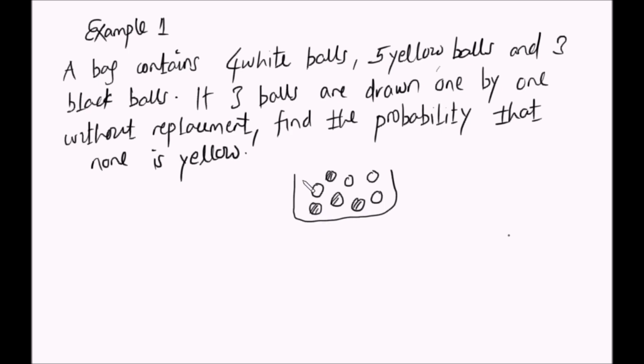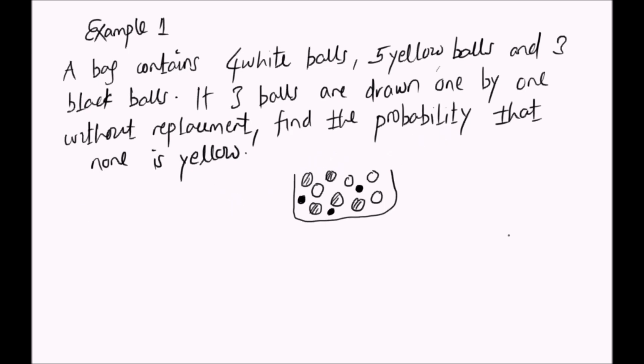So these are 5 yellow balls, but it also contains 3 black balls. So anasema 3 balls are drawn out one by one without replacement. Kwa mtu atachomoa mpira wa kwanza, atachomoa mpira wa pili, and then atachomoa mpira wa tatu. Find the probability that none is yellow.